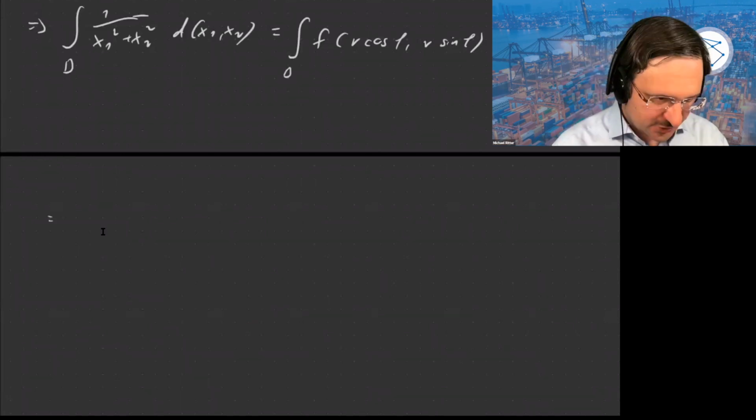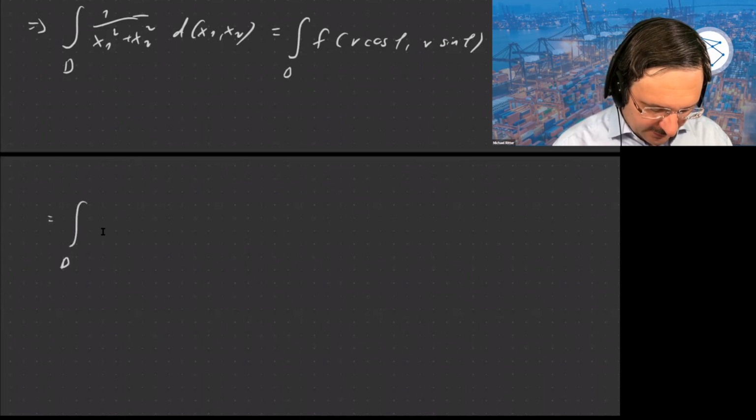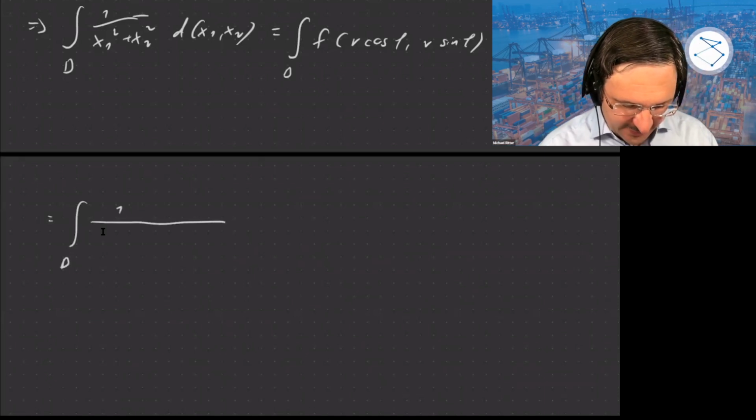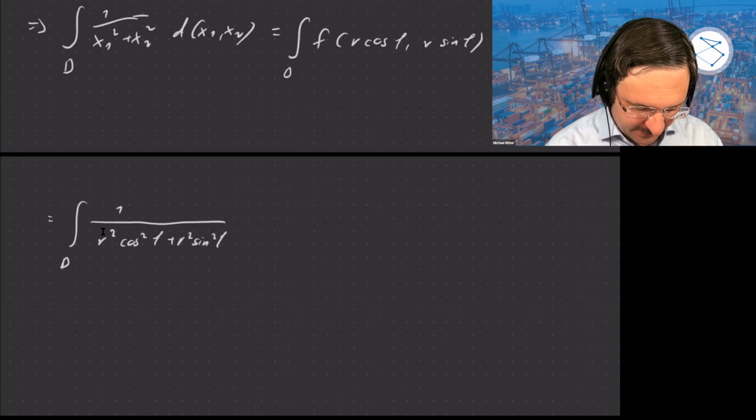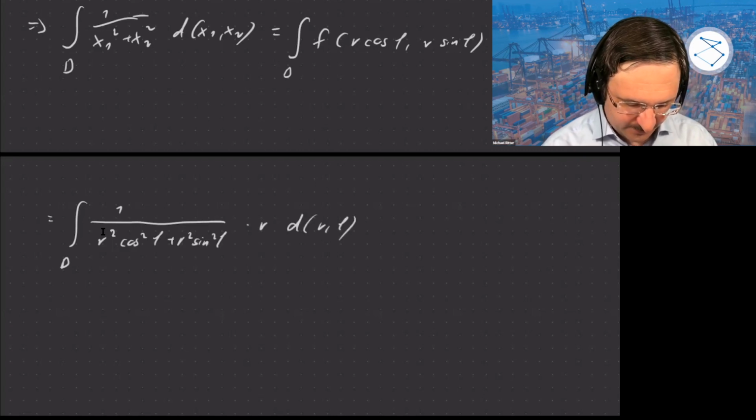Okay, now for the function, as you can probably see already, what we get here is r squared cosine squared plus r squared sine squared times r dr dphi.